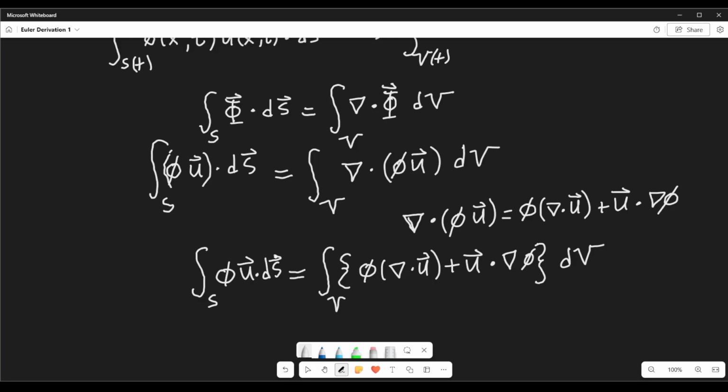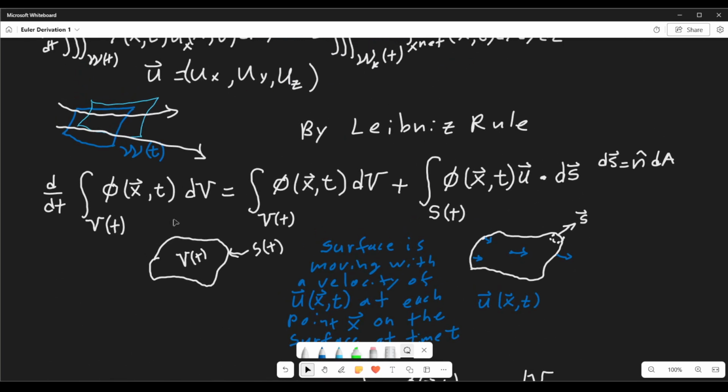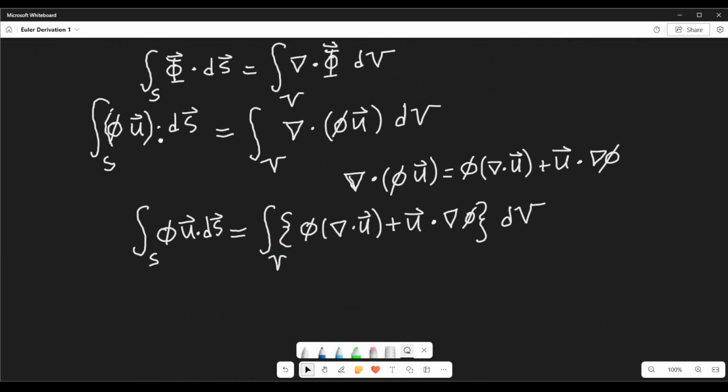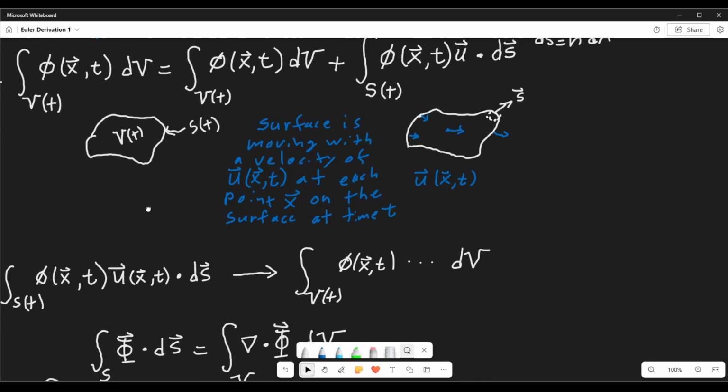So the next thing to do here is to write out the full derivative. Going back up here, we have the derivative with respect to time of this side, and this will now be written out completely as a volume integral, using this to replace the surface integral there.